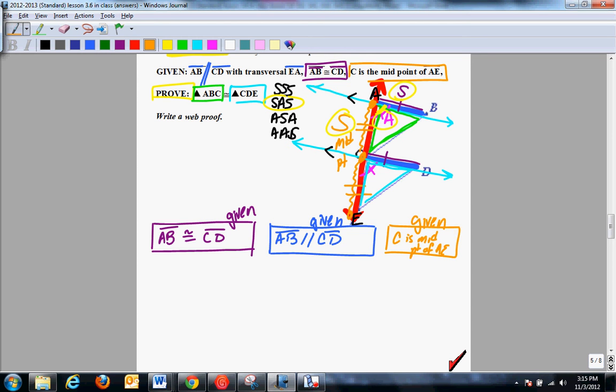Now let's take a close look at what we're working towards, side, angle, side. That's what we want to shoot for. Well, right here we already have a pair of sides, so we're going to mark it. This gives us a pair of sides right there. Now from the given, from the parallel lines, we got the fact that this angle here, BAC, is congruent to DCE.